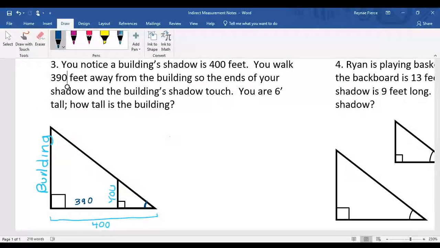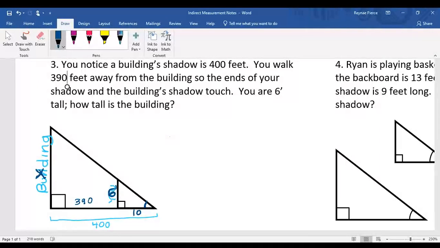But if you walk 390 feet away from the building, that means that there are 10 feet left between you and the ends of the shadow. 400 minus 390 is 10. All right, you are 6 feet tall, and we want to know, how tall is this building?